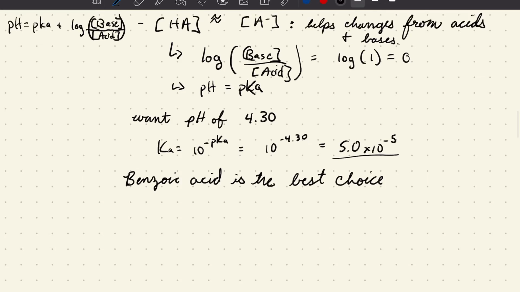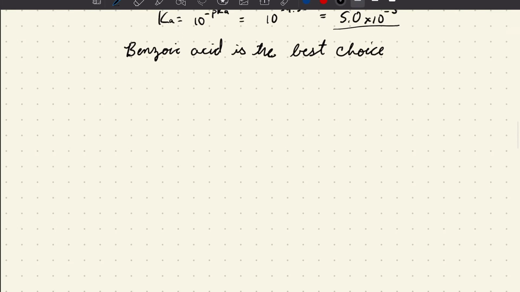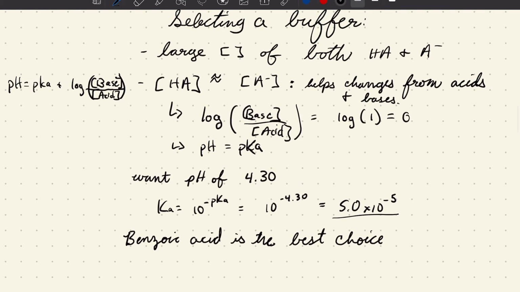So we know which acid we're going to use.